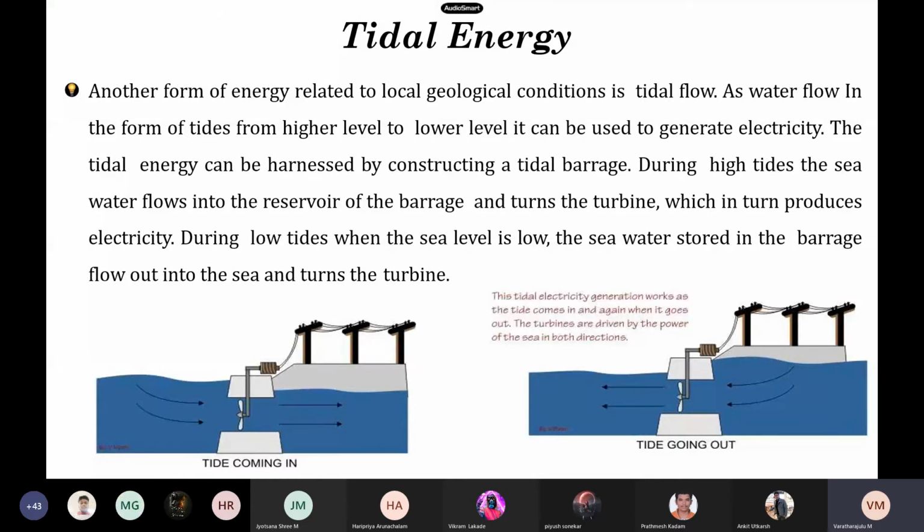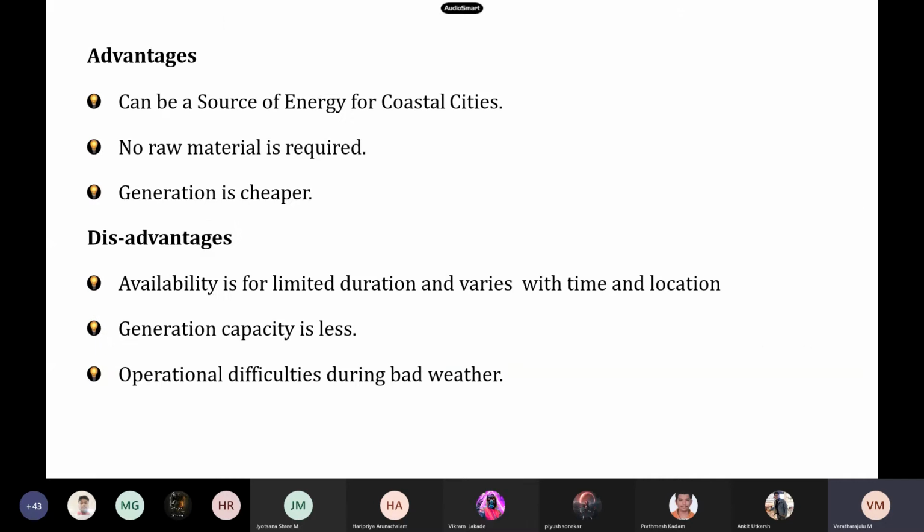Here we convert tidal wave energy into mechanical energy, and through that into electrical power. It has its own advantages and disadvantages. It can be a source of energy for coastal cities, and no raw material is required. The generation is also cheaper, but the availability is limited and generation capacity is less.